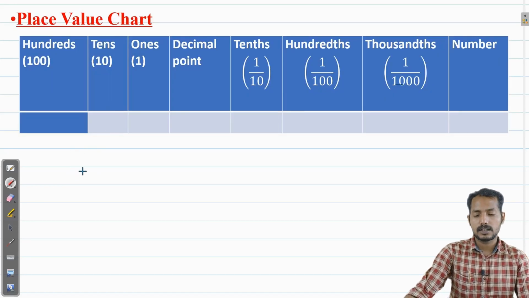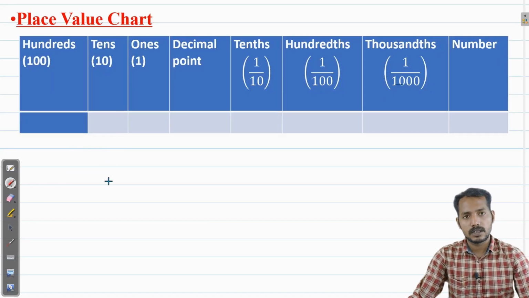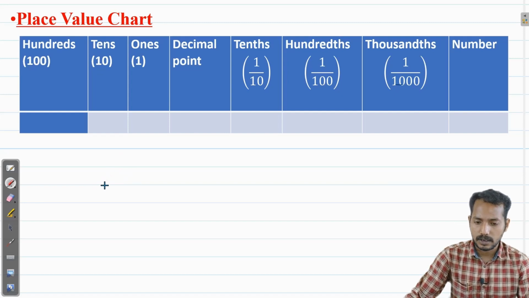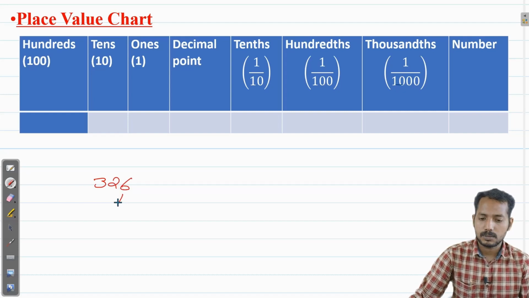Now let's see what the place value chart of these decimal numbers is. We know that generally in the case of natural numbers or whole numbers, like 326, the place value of 6 is ones, and this is tens, and this is hundreds.